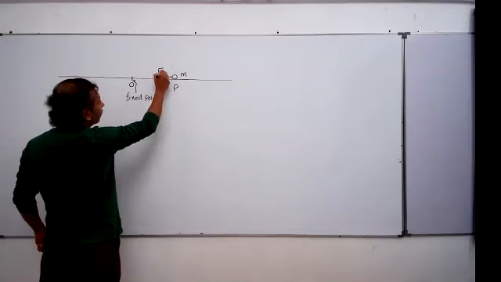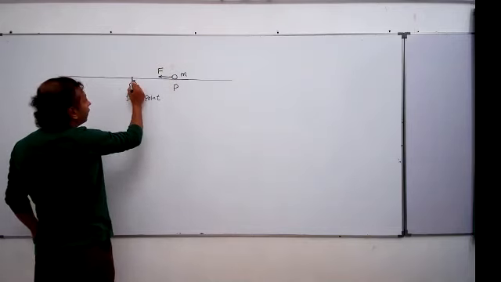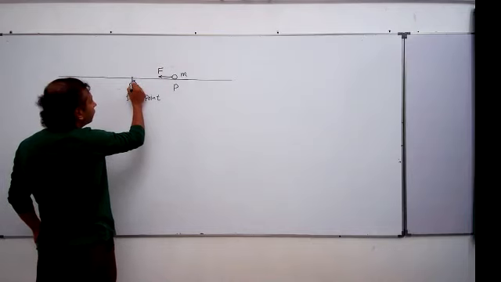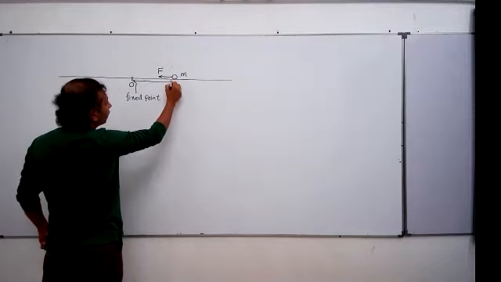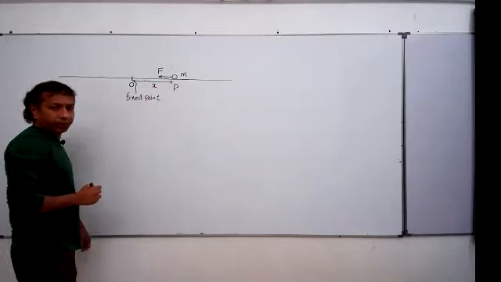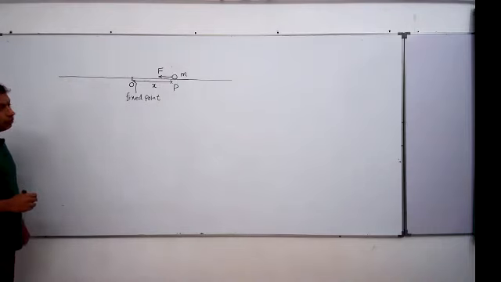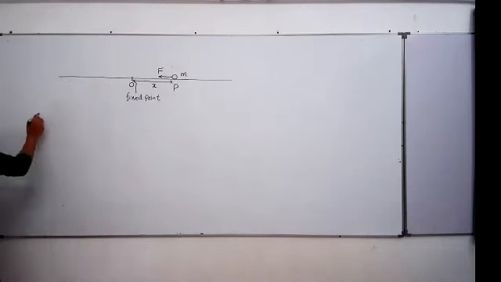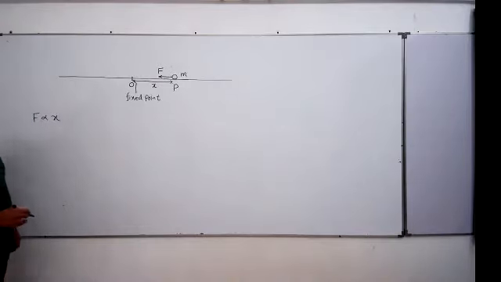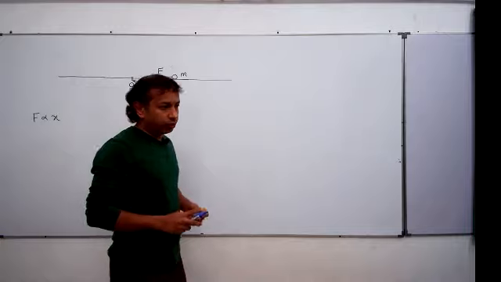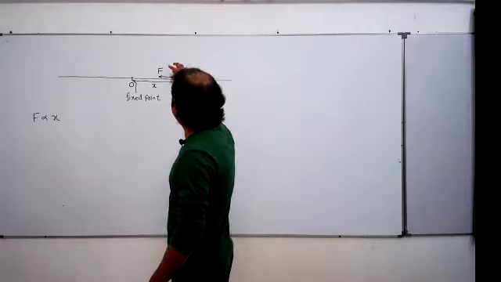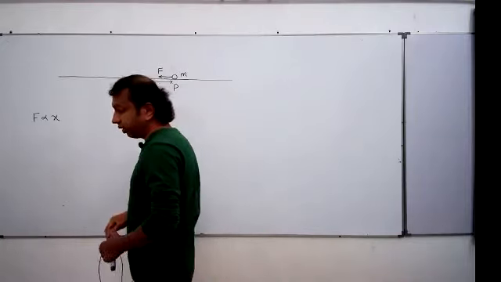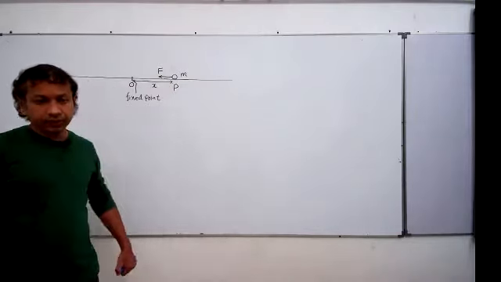Force is F. And suppose the distance from this O to this P is X. Then this force capital F is proportional to this X. X is the distance from the fixed point O to the particle P. The force capital F acting on this particle P is such that F is proportional to X.